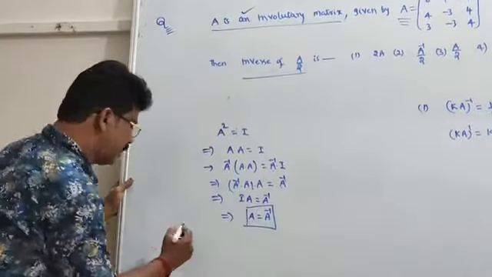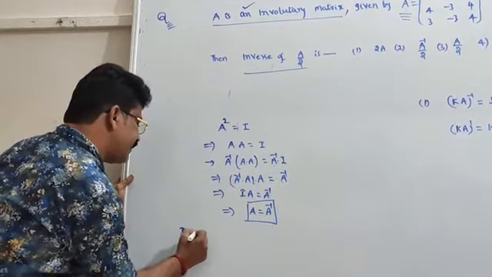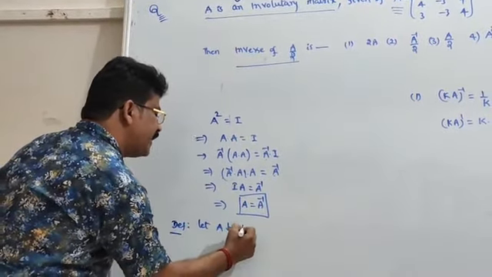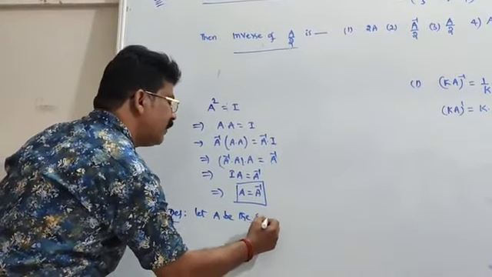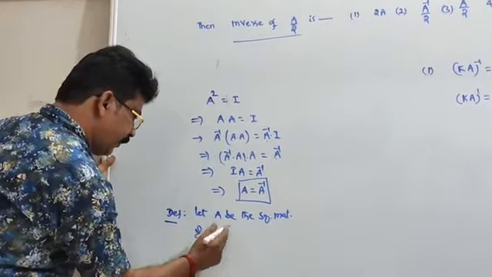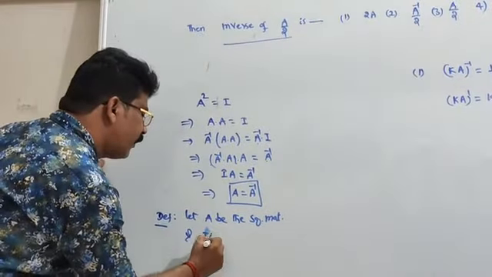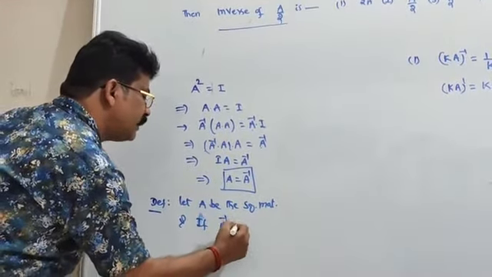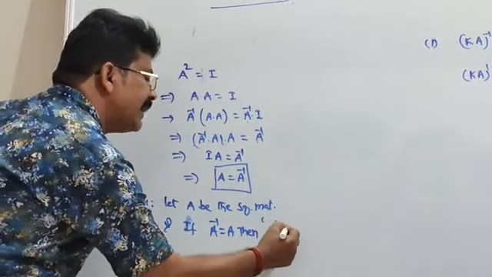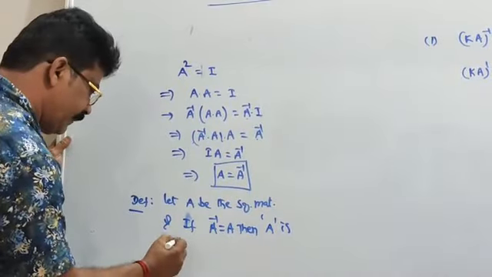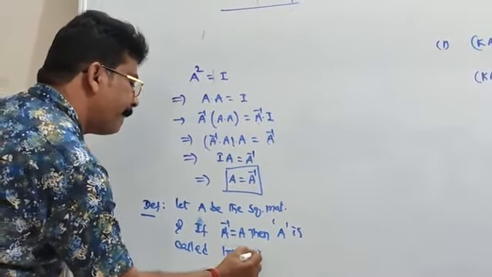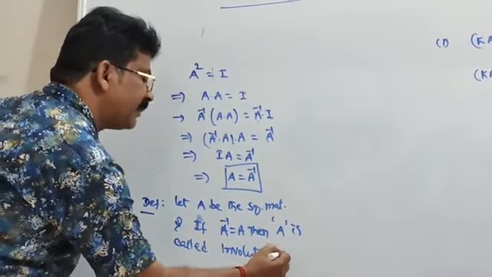Okay, one minute. Definition: let capital A be a square matrix, and if A inverse equal to A, then A is called an involutory matrix.